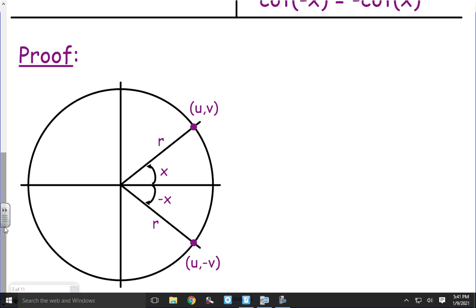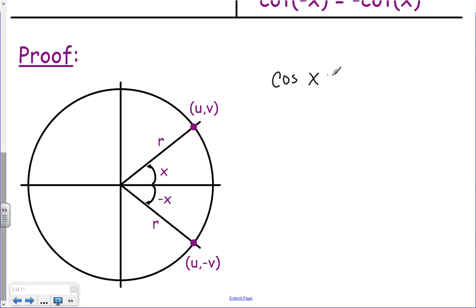So look what happens when we take the cosine of x. Just go back to your definition. If you take the cosine of x, that of course is equal to u over r. And if I'm trying to show that the cosine function is an even function here, then I need to also find out what the cosine of the opposite of x is equal to.